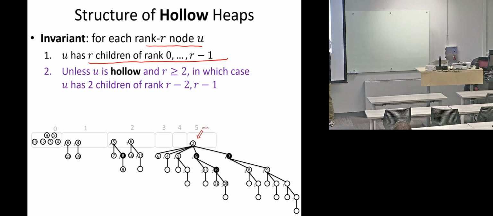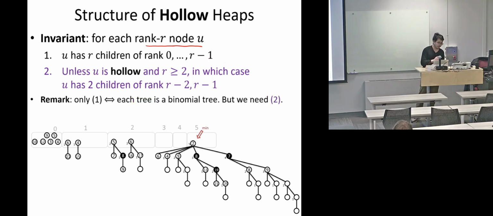This node of rank 3 has children of rank 2 and 1. If it's hollow and has rank 1, it just has 1 child, and if it's hollow and has rank 0, it has 0 children. So if I only had this first invariant, then this is just the same as a binomial tree, but now I have this second property. That is, a hollow node can have fewer children, but it's still going to have the biggest 2 children.